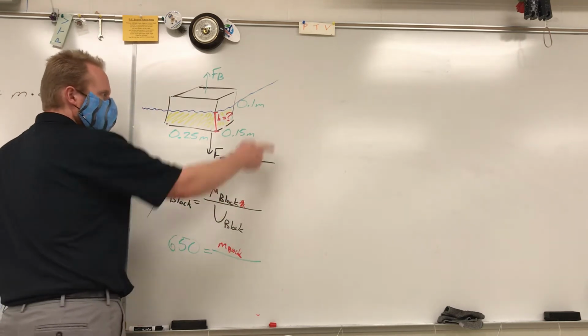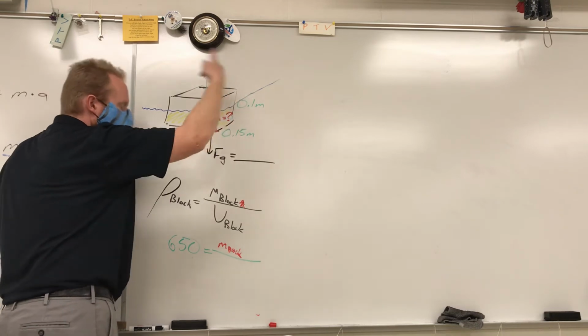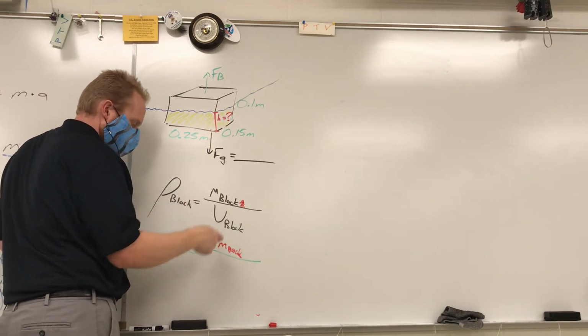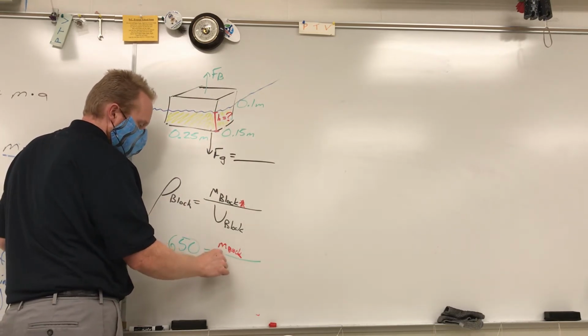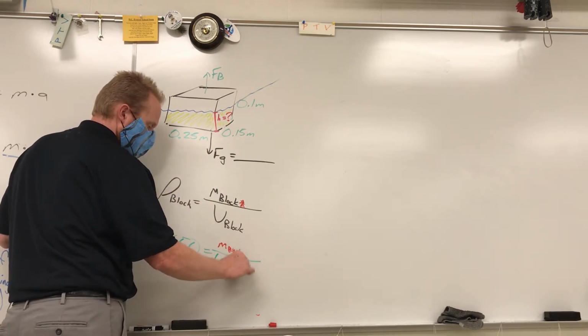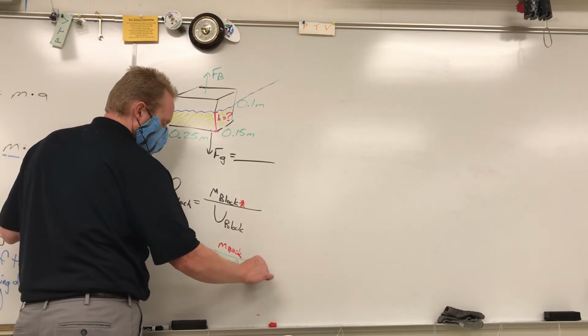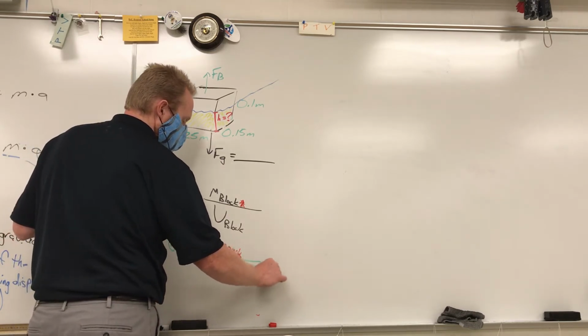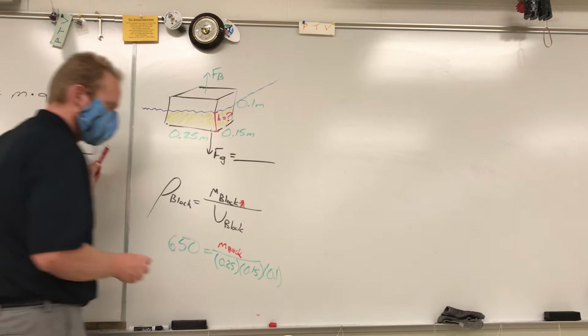Now, how do we calculate the total volume of the block? It's the total volume because it's the total mass, the total density. It's going to be my length, 0.25, times my width, 0.15, times the entire H of 0.1.